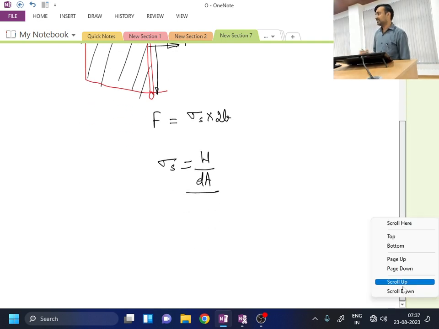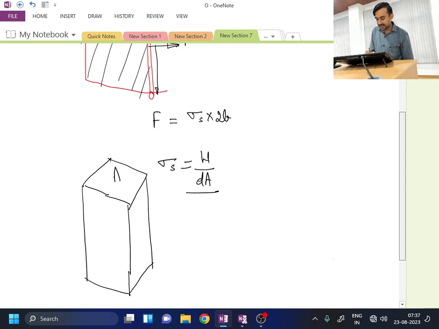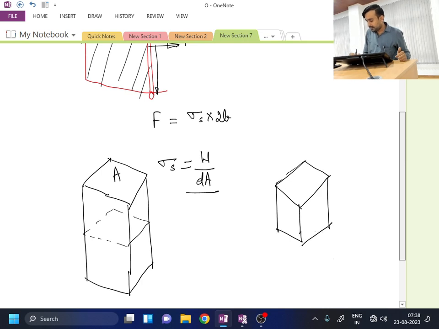Now we will extend this discussion. In simple words, let's say I have a liquid column with some surface area A. If I take a knife and use it parallel to this surface, and split this liquid column into two parts, I will have one top portion and one bottom portion.